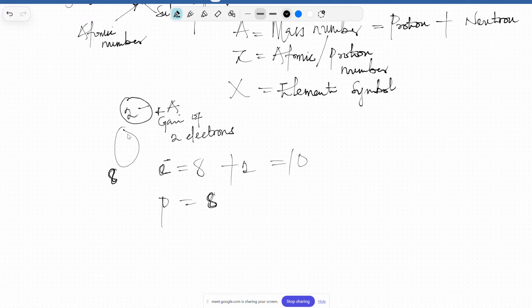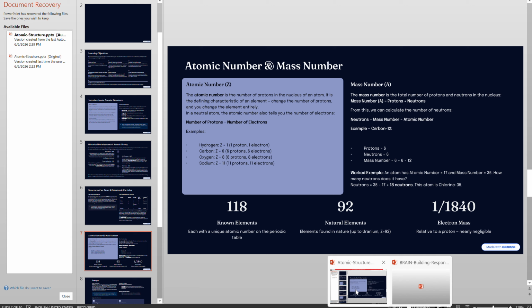The case is different if it is just oxygen 8 where you don't have any charges. Here the electron number is exactly 8, the proton number is also exactly 8, so they are equal. I hope we understand that.